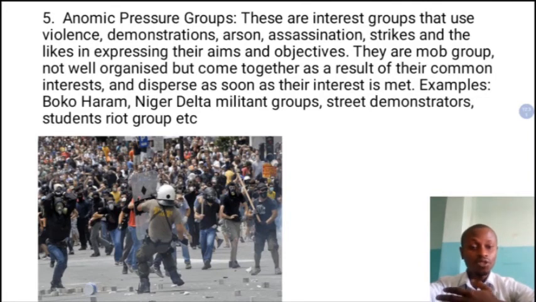They normally use violence. They use not peaceful demonstrations, but violent demonstrations. They use arson, that is burning tires, burning other people's properties to get the attention of the government or whatever authority they are trying to get its attention. They can even assassinate, kill people, and so on.